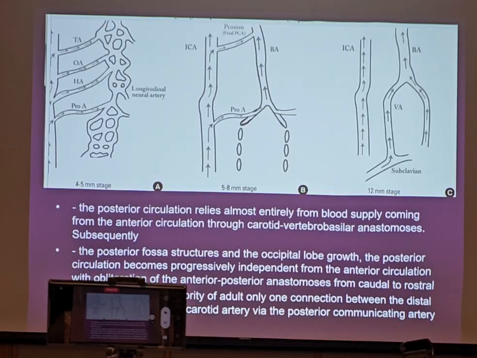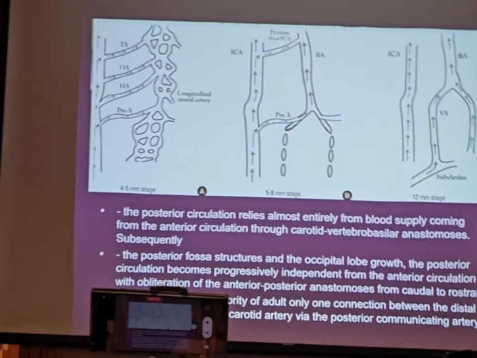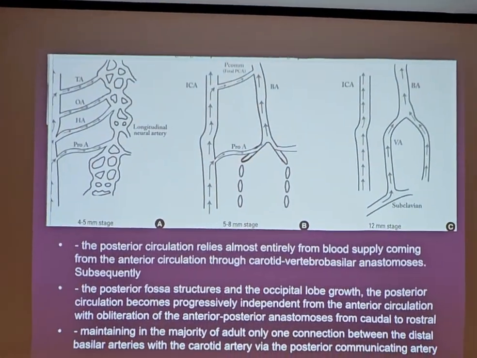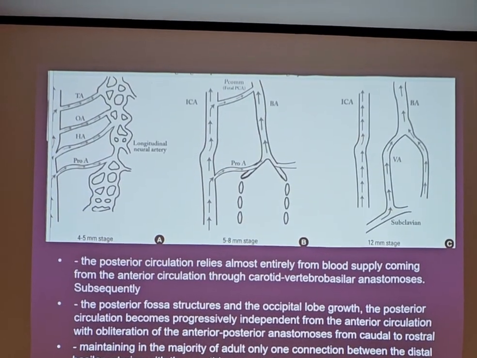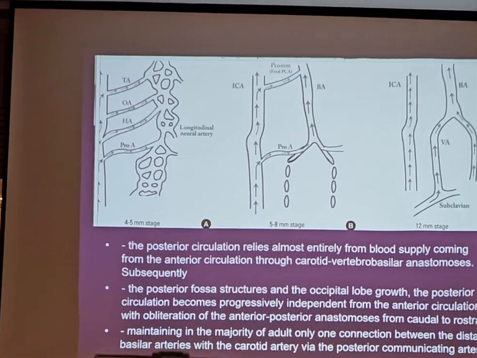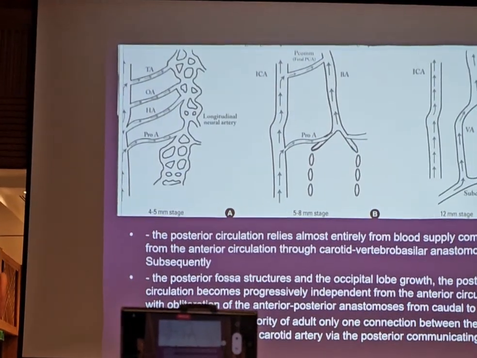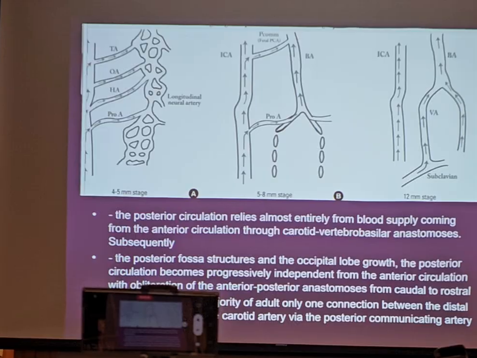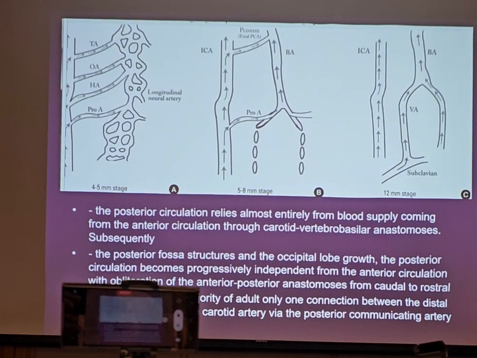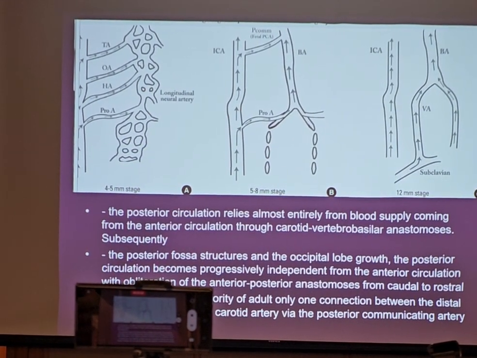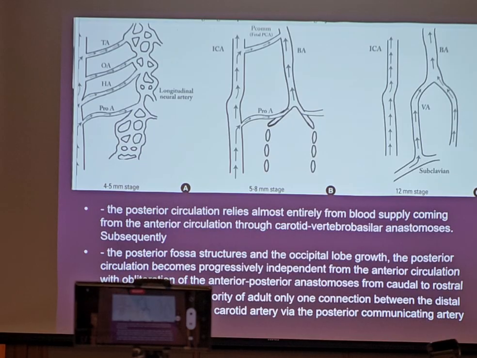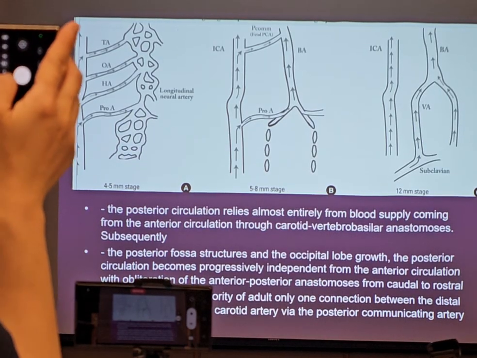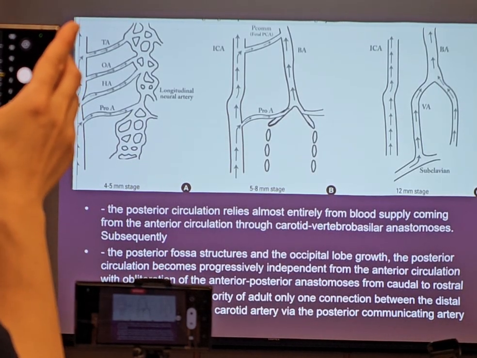So the second concept is the flow change. We start with the concept that the posterior circulation structure relies mostly on blood supply coming from the anterior circulation. By that time, there are many connections between the anterior and posterior systems. Then the posterior fossa structure and occipital region grow, and the posterior circulation becomes progressively independent from the anterior circulation, with some regression and retardation of many anastomoses.